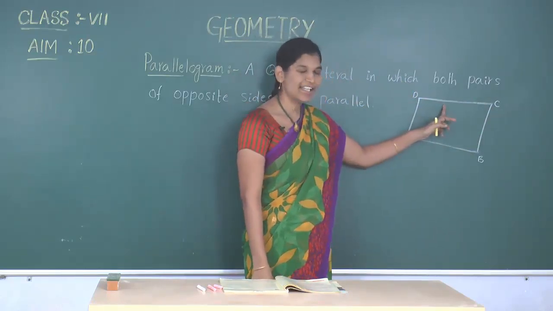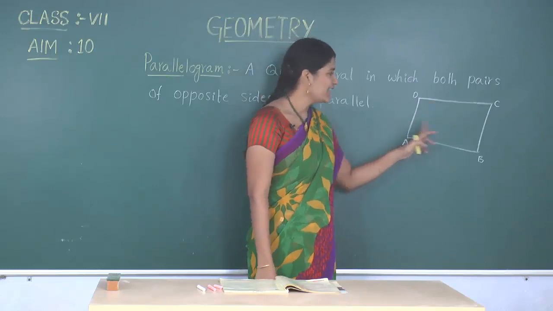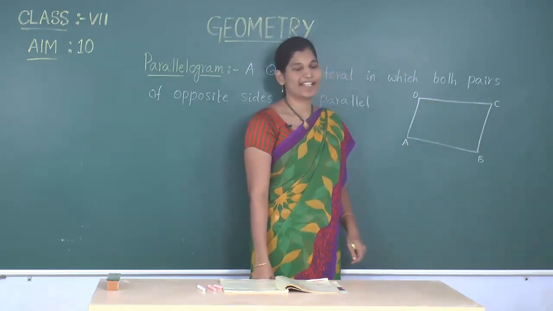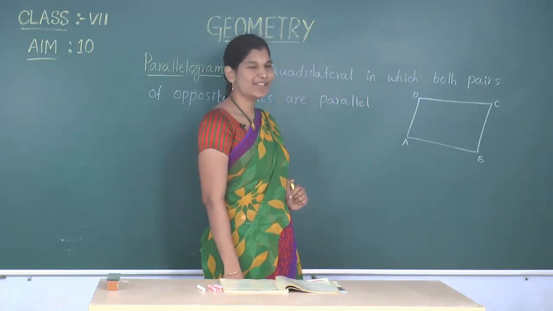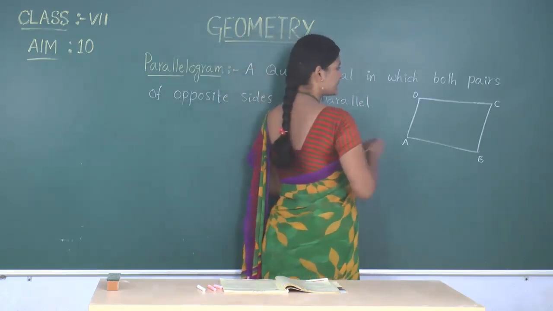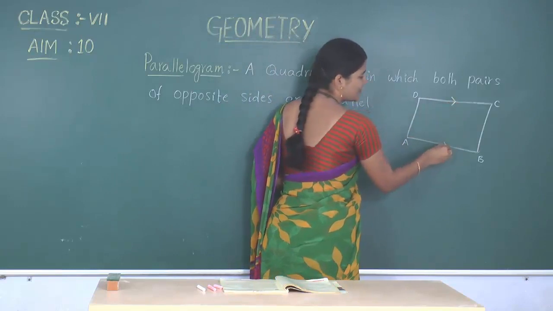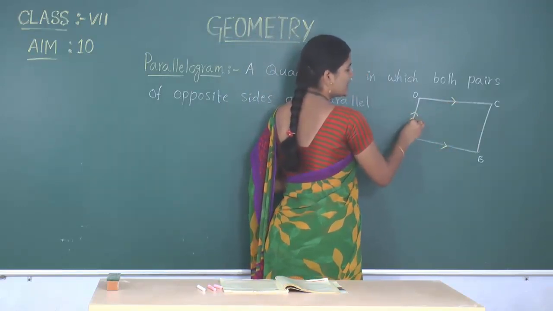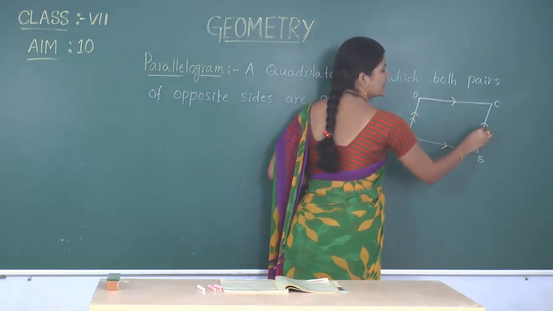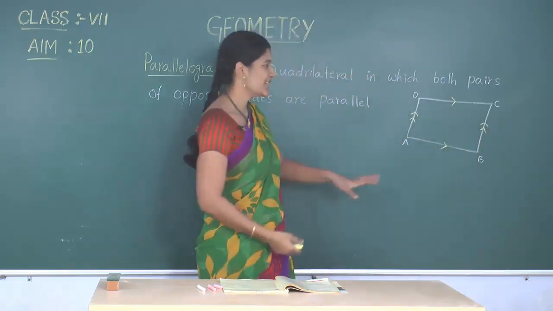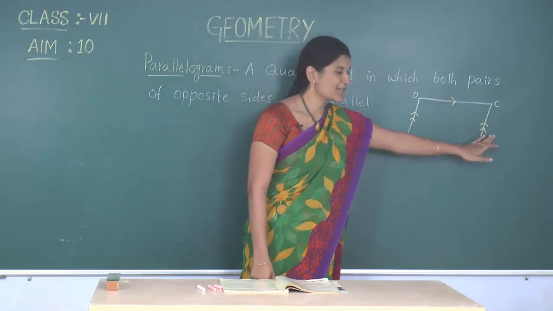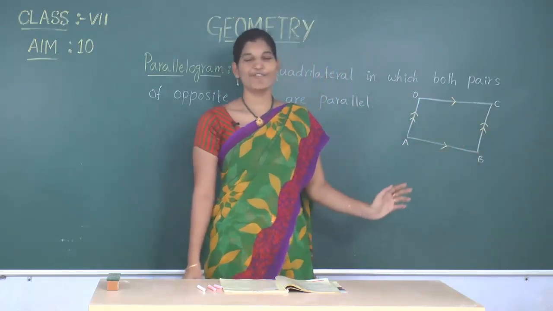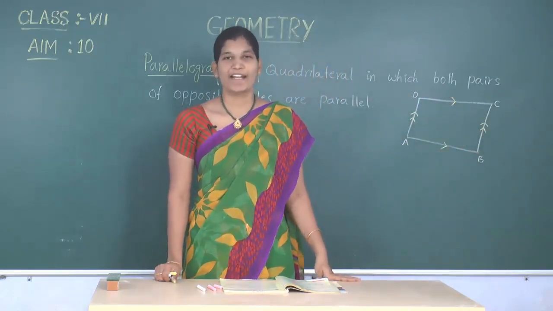AB and CD are the opposite sides. AD and BC are the opposite sides. According to our definition, they are parallel to each other. See here, this is parallel to this one and this one is parallel to this one. So here in this quadrilateral, both pairs of opposite sides are parallel. So we can say that is a parallelogram.